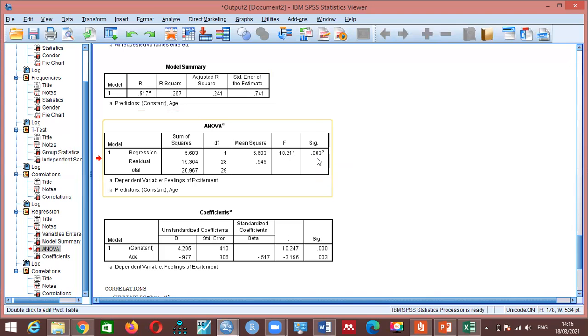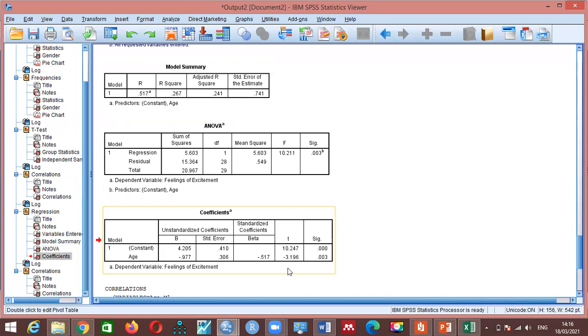Now, that effect can be positive, it can be negative. We know that age has a significant effect on feelings of excitement. So is it a positive effect, such that as I grow older, I am more excited? Or is it a negative effect, such that as I grow older, I am less excited? Let's see. The t value, you can find that in your coefficients.